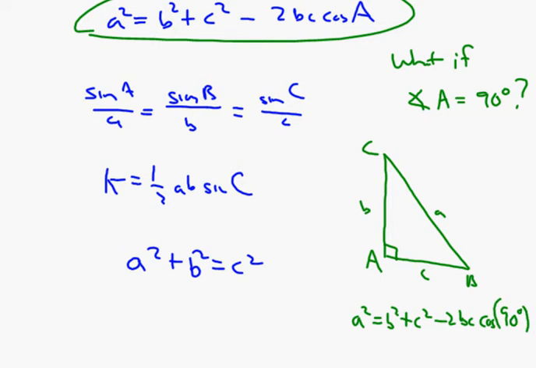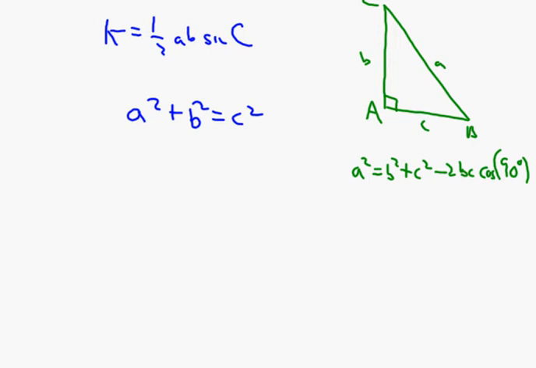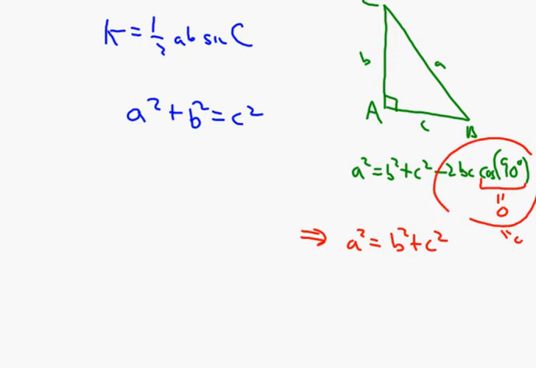Cosine 90. I'm looking at that, I'm thinking, hey, wait a minute, I know what that equals, right? Yeah, cosine 90 is 0. So this piece here equals 0. Well, what do you know? Look what you get now. a squared equals b squared plus c squared. And then this whole term is going to turn out to equal 0 because it's going to be 0 times b times c times 2. So really you just get this. But that's Pythagorean theorem.